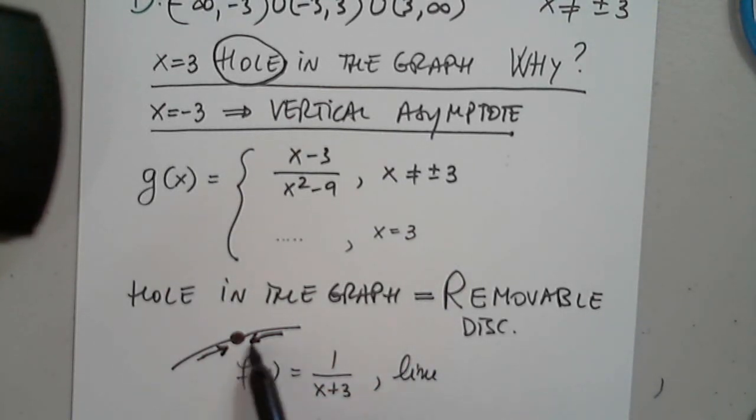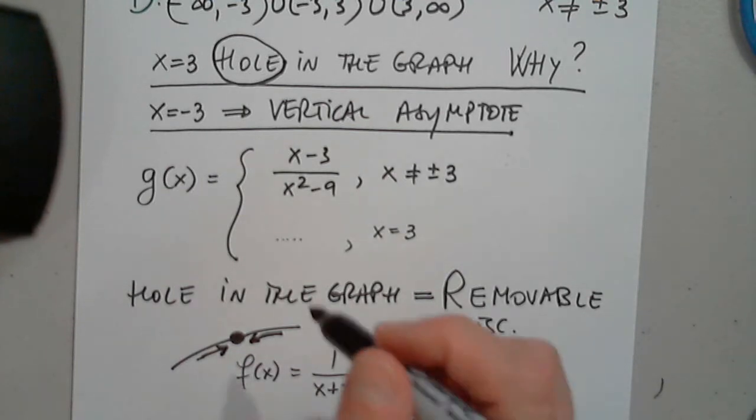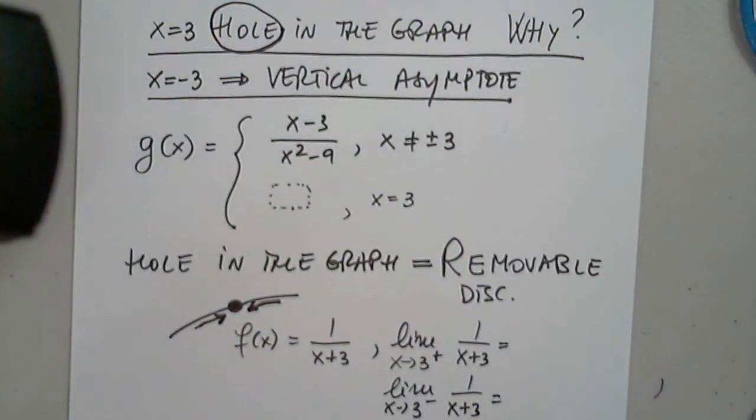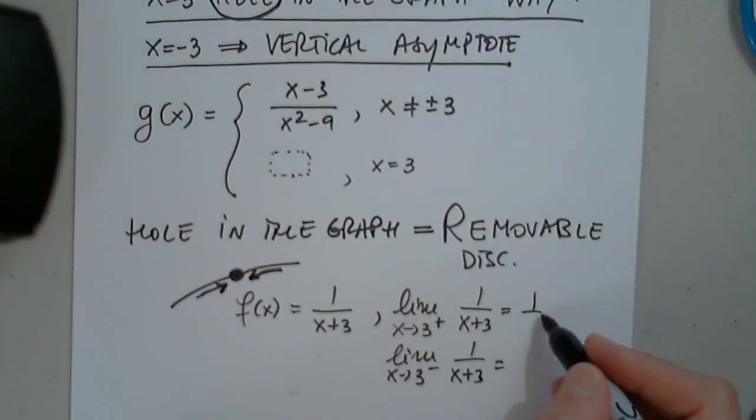It's a hole in the graph. So the limit as x approaches 3 from the right of 1 over x plus 3 will equal the limit as x approaches 3 from the left of 1 over x plus 3. And this is what I need to write in here to make it continuous at 3. It'd be 1 over 6, right? That's it.